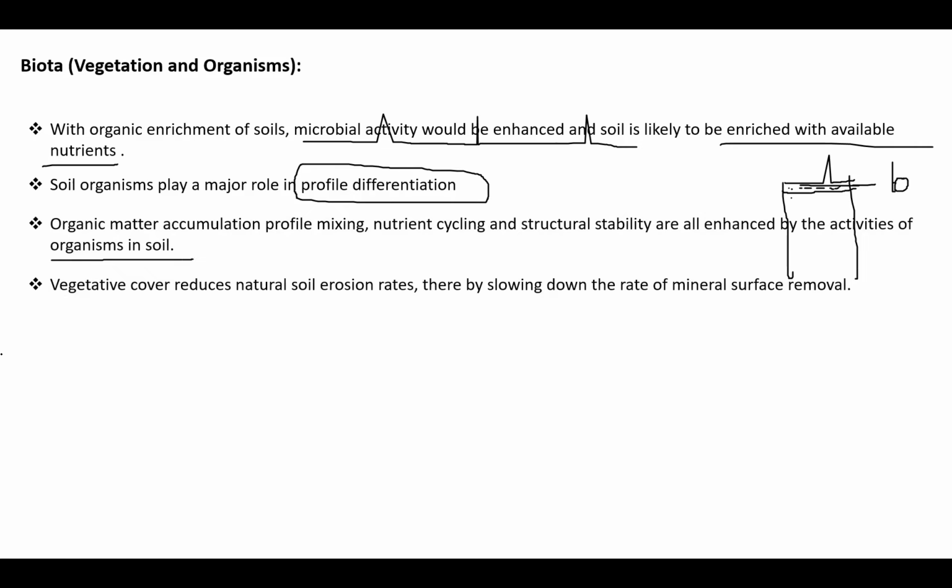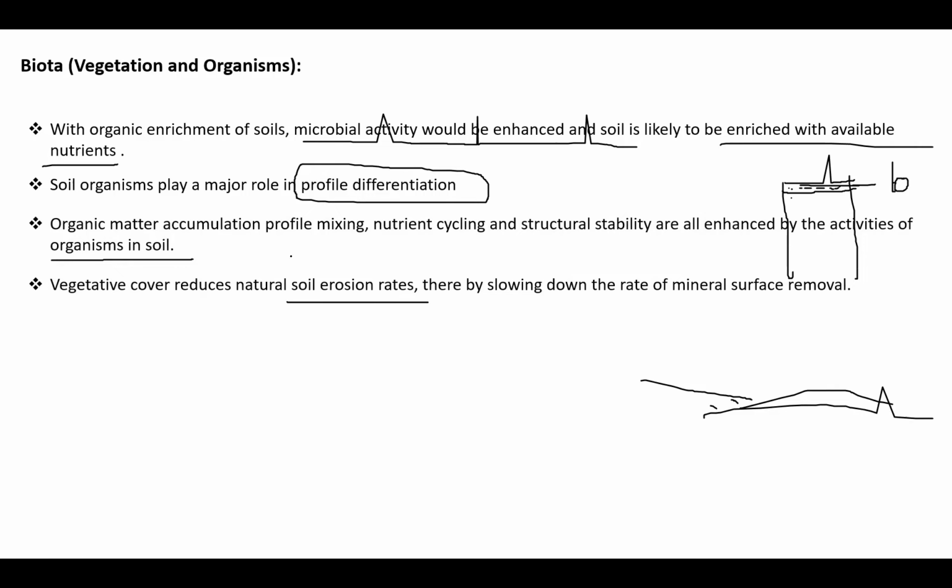Like this, vegetation cover. If the soil is covered with vegetation, there will be no soil erosion, so soil erosion will be reduced. For example, in a barren land with no vegetation, what will happen? Wind will come and remove the top layer, and it will settle in other lowland areas. This is called soil erosion.